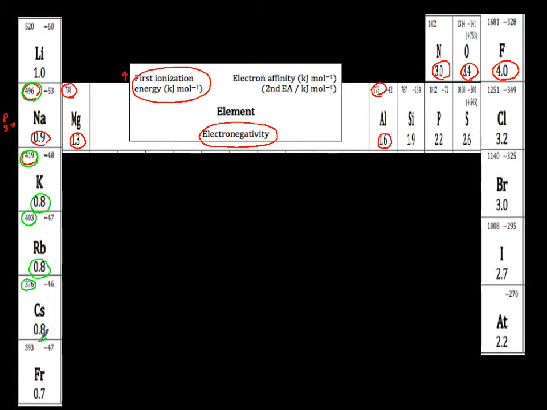And if you remember cesium as the least electronegative, and if you remember fluorine as the most electronegative, then you have easy time to argue many of the chemical properties. So fluorine the most electronegative.